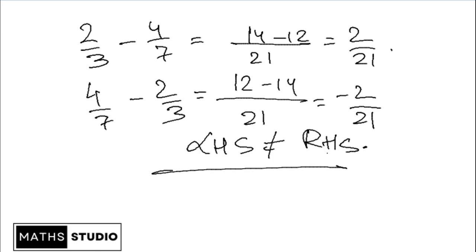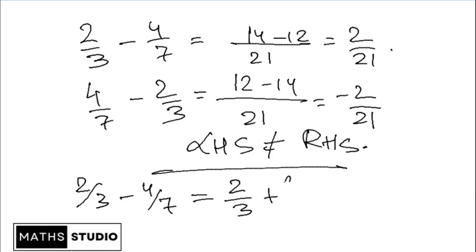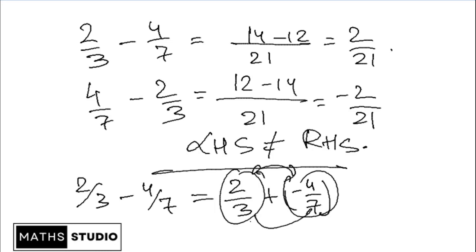Okay. So here is one tricky thing that I want to ask you. 2 by 3 minus 4 by 7 is same as 2 by 3 plus minus 4 by 7. Now if we change the order of these two rational numbers, the answer would be same. But what are we trying to prove?